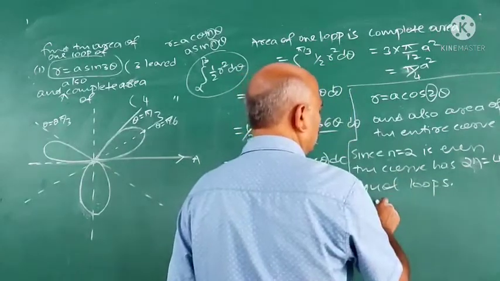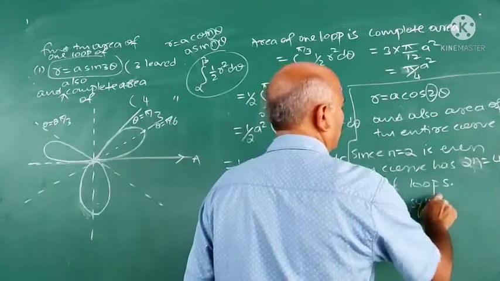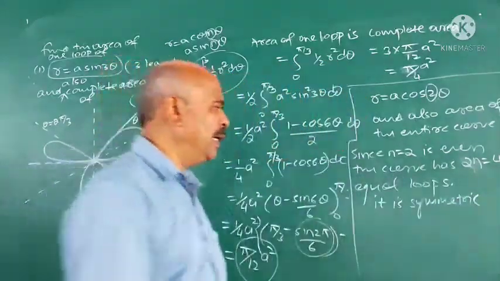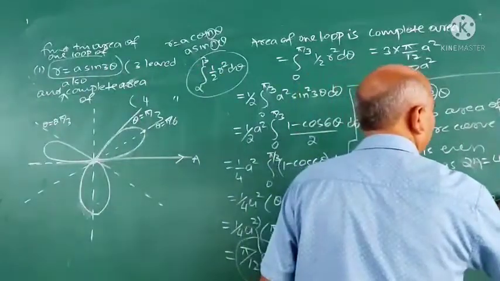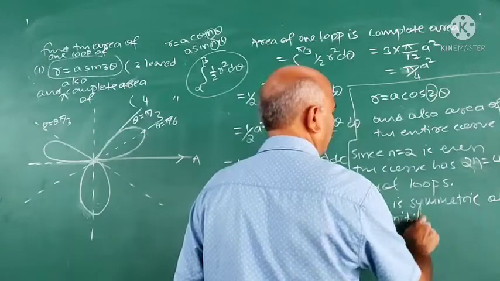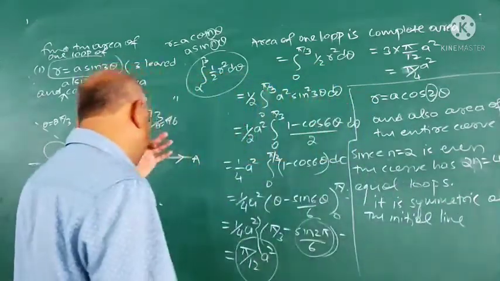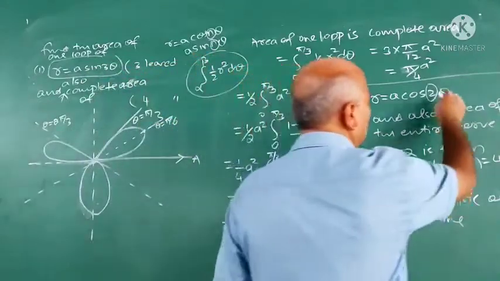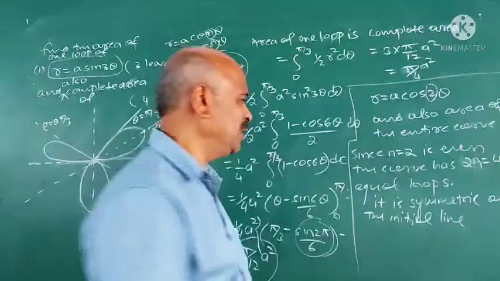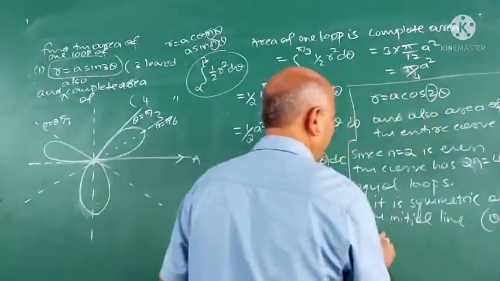And also it is symmetric. The entire curve consists of 4 loops, and it is symmetric about the initial line. Why is it symmetric about the initial line? Because if theta is changed to minus theta, the equation remains the same.